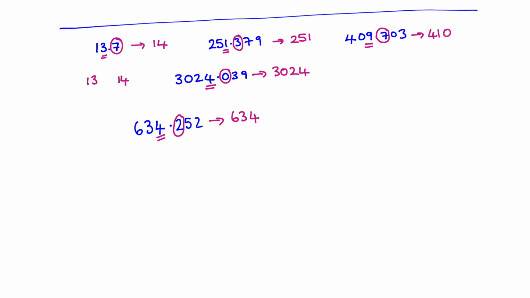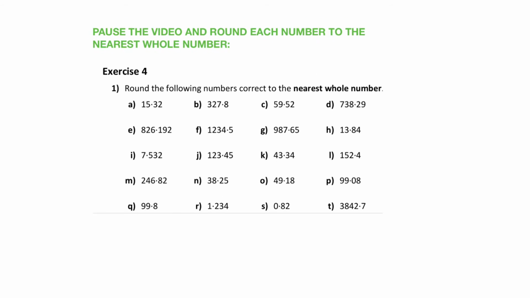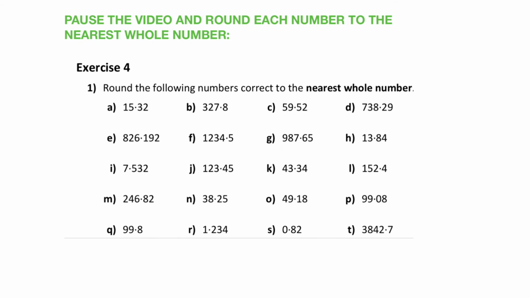Right, so what I'd like you to do just now is pause the video, and I'm going to get you to round each of these numbers to the nearest whole number. We'll do a couple of them together, and then I'll leave you to get on with the rest of them. We're going to do the first one, 15.32. Same process each time for rounding to the nearest whole number, please.